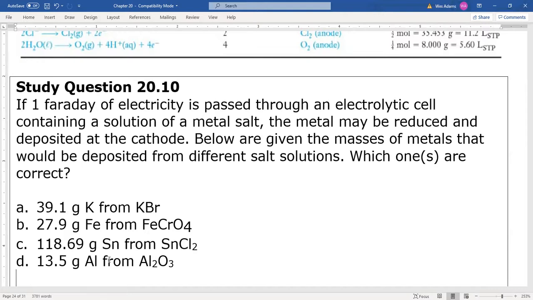That's already the molar mass, and I need half that amount. If we got Al2O3, aluminum's in the 3+ oxidation state, so 26.98 divided by 3 is 8.99, and I've got 13.5. So that's not going to work because that's divided by 2, not divided by 3. And so that one won't work either.